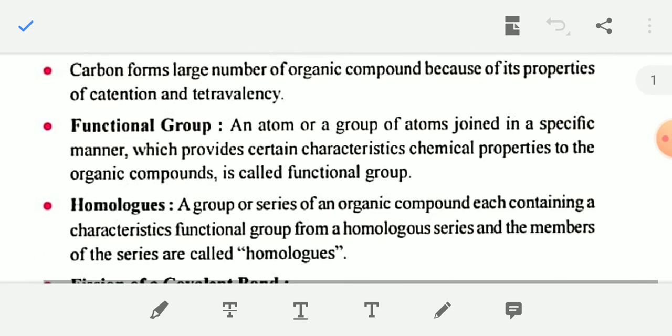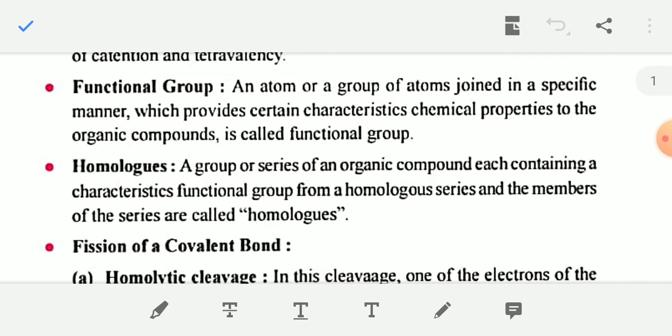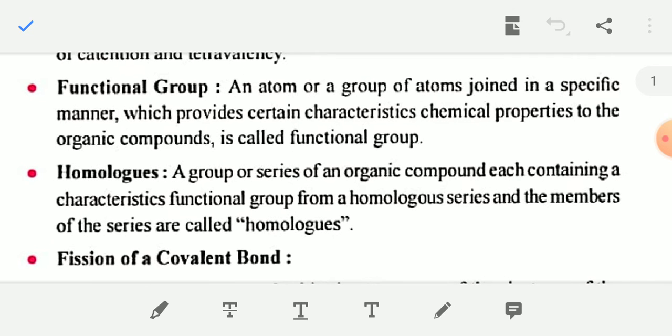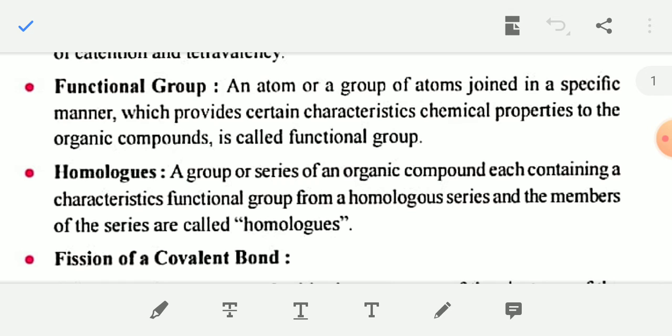Okay, and functional group you have also already studied in class 10. So you have to read this topic thoroughly. And homologous series, all this topic you have already studied in class 10. So what are functional groups? An atom or a group of atoms joined in a specific manner which provides certain characteristic chemical properties to organic compounds are called functional groups.